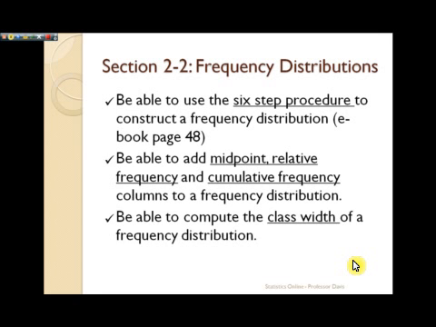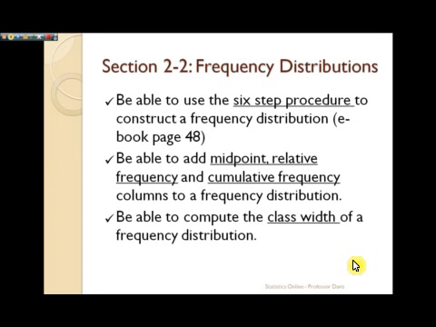And then the last thing I wanted to emphasize is we want to be able to compute the class width for a frequency distribution. Remember, the class width is the difference between 2 consecutive lower class limits. It's also the difference between 2 consecutive upper class limits. So we want to subtract those numbers.